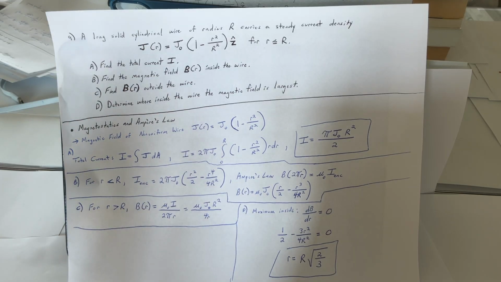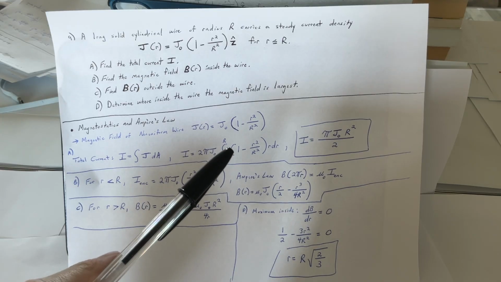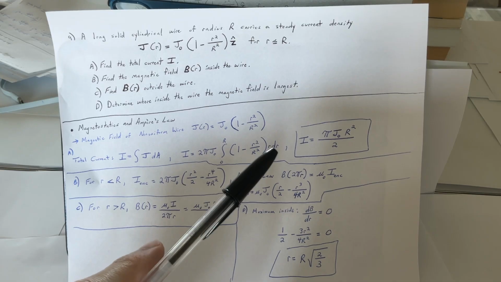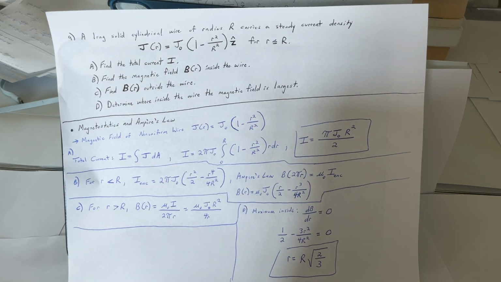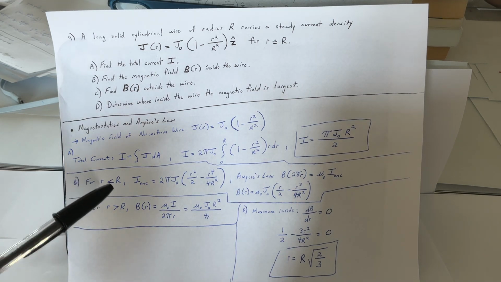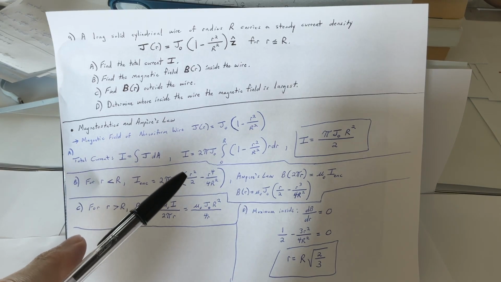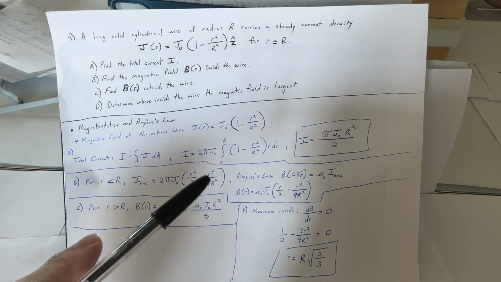I is going to equal 2 pi J naught times the integral from 0 to R of the quantity 1 minus r squared over capital R squared, times r dr. After performing the computation, I equals pi J naught R squared over 2. Part B, for r less than capital R, I sub enc equals 2 pi J naught times the quantity r squared over 2 minus r to the 4th over 4 capital R squared.